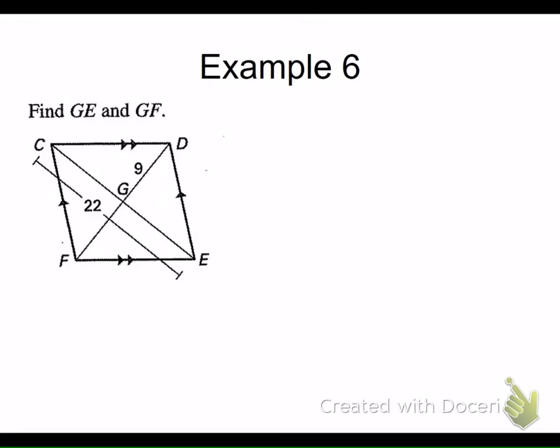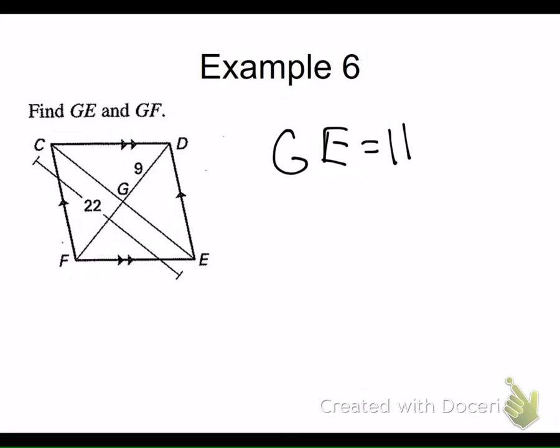So here they give you the length of the entire diagonal, CE. So if the whole thing is 22, how long is GE? If the whole thing is 22, and G is right in the middle, because they bisect each other, the part down here, GE, would be 11.